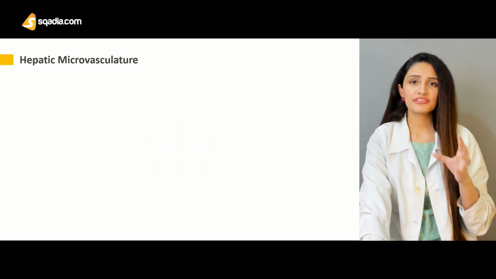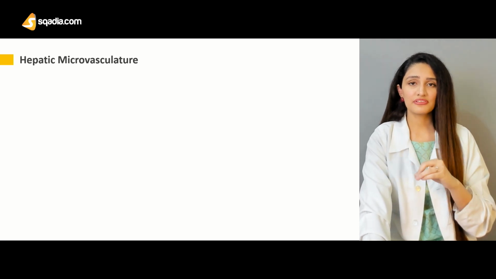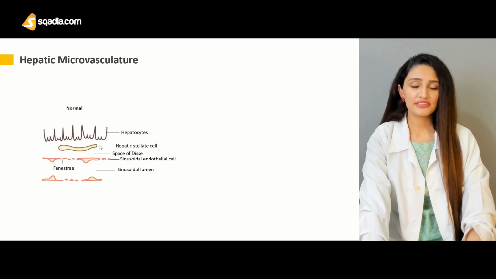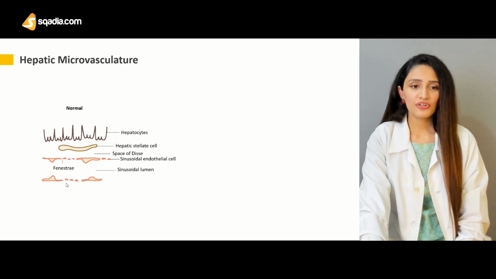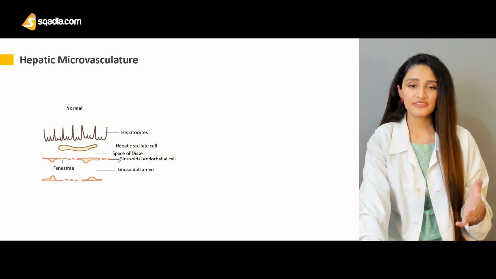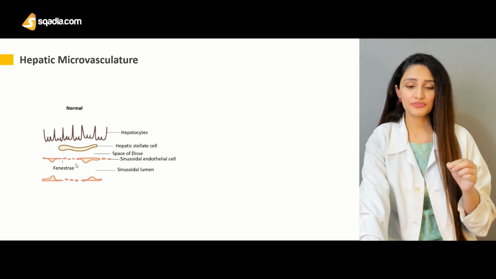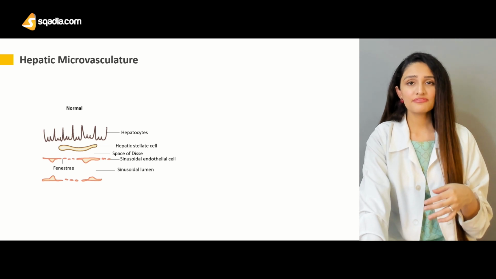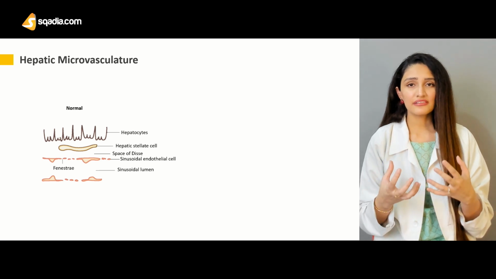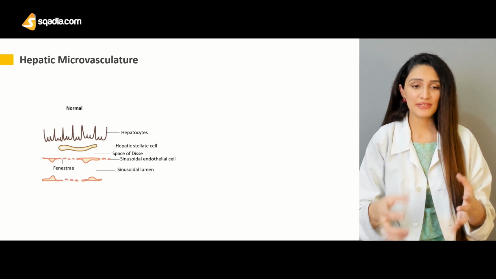Now if we talk about the hepatic microvasculature at a detailed electron microscopic level, if we talk about the sinusoids, first of all, we've got the sinusoidal lumen, and it has a lot of fenestrations in between. The sinusoidal endothelial cells have a lot of spaces in between. And then we've got the space of Disse, a unique space which is an empty space in between.